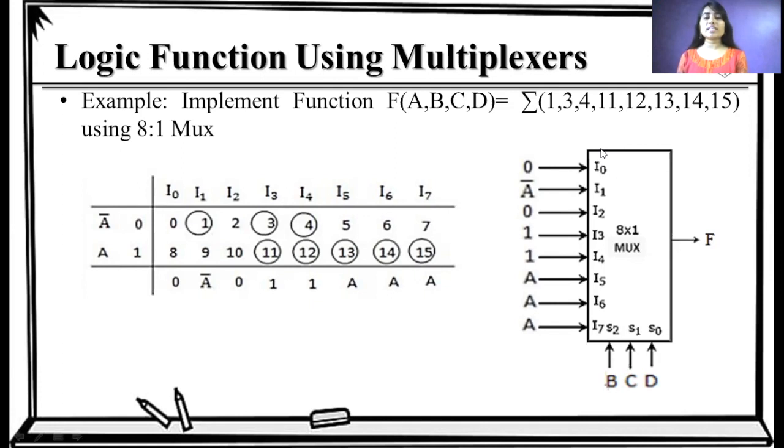Here I0 is equal to 0, so 0. I1 is equal to A dash, so connect A dash. Then I2 is equal to 0, and similarly I7 is equal to A. So this is how we can implement a logical function using a multiplexer.